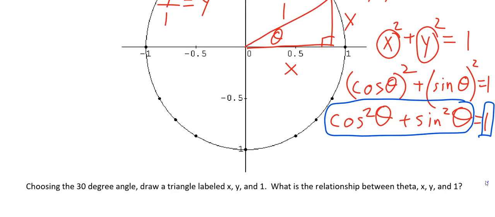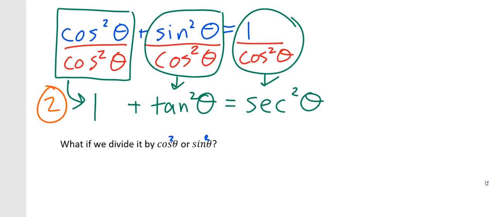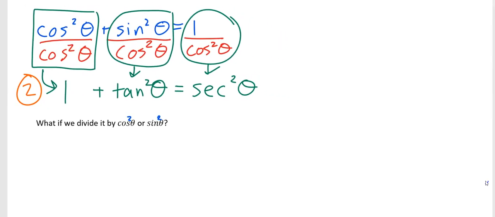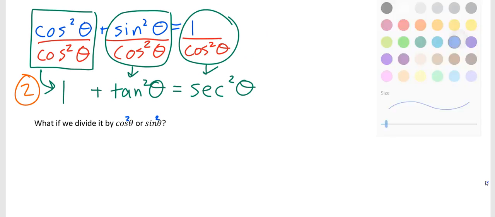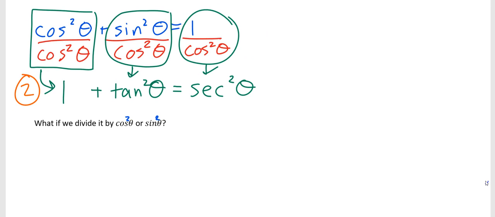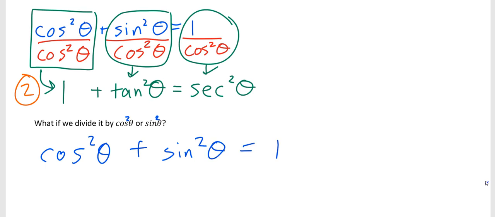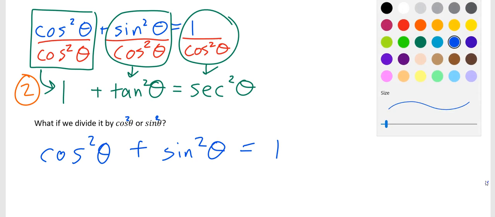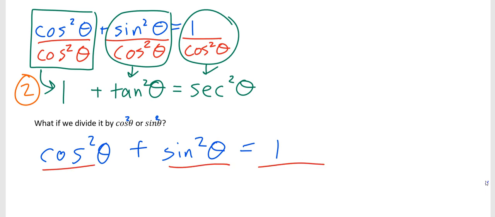So we definitely are getting that one. But we're also getting this one. What happens if we take cosine squared theta plus sine squared theta equals 1, and we divide all of these by sine squared theta?